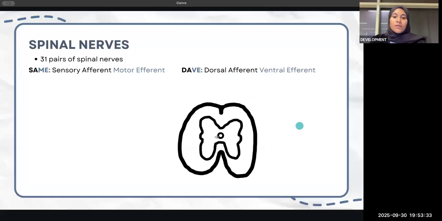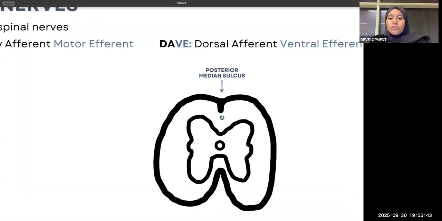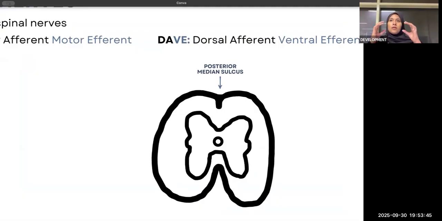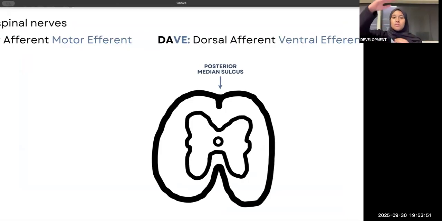Now here is our vertebra, okay? And this is the central canal that we were talking about, the neural canal in the middle. And this is the posterior median sulcus. Sometimes they'll give you a vertebra and they can flip the sides. Maybe the top is anterior and the bottom is posterior, or they could flip the opposite.